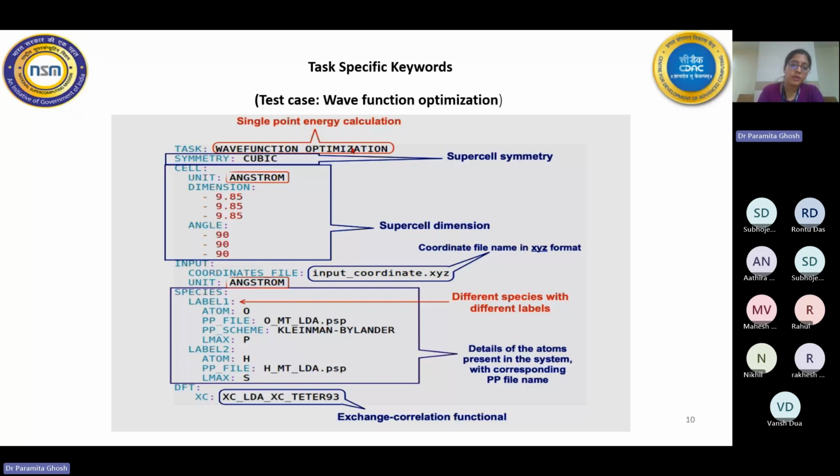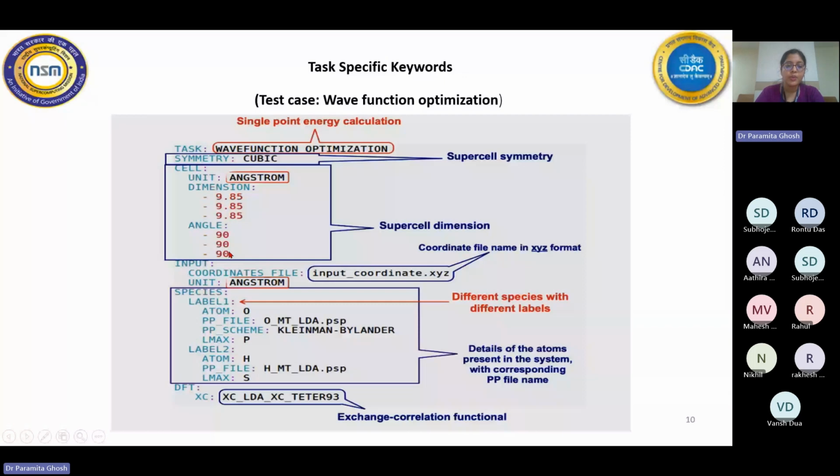Here, first are the A, B, C lengths of the supercell, and the unit is given here. I have expressed the dimension in angstrom, so I have mentioned angstrom as the unit. Next are the angles, which are alpha, beta, and gamma.